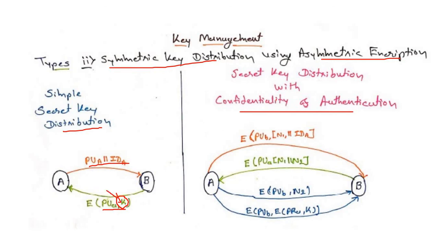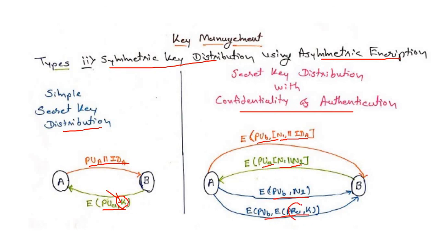Another is secret key distribution with confidentiality and authentication. In this case, A will request user B with the public key of B, and B will reply to A with the public key of A, appended with nonce 1 and the identification of A, and nonce 2. After that, A and B will communicate with the public key and the encrypted private key.